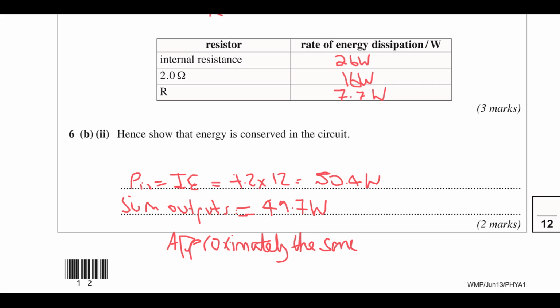So energy is conserved, because power in is equal to power out, which shows that for the same time, energy in equals energy out. Alright, so that finishes that question right there.